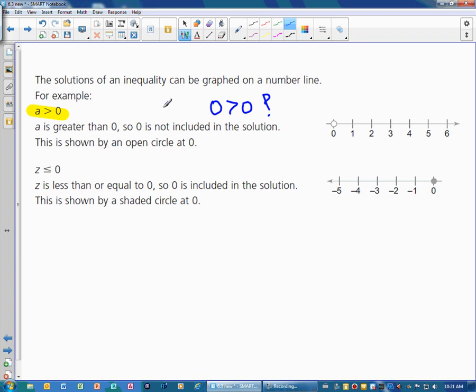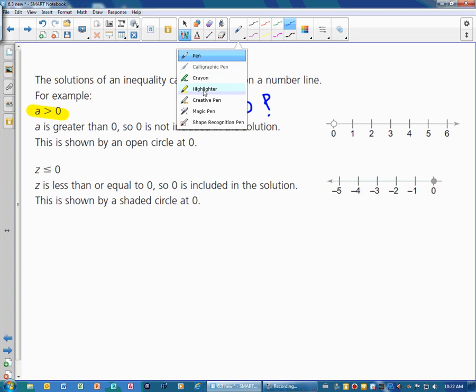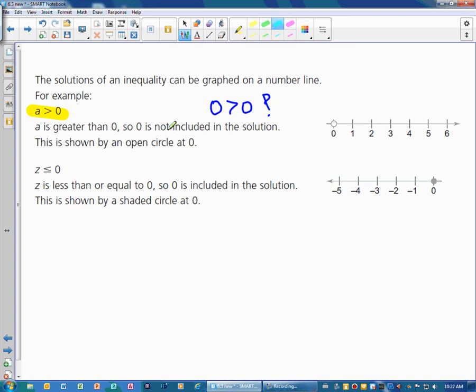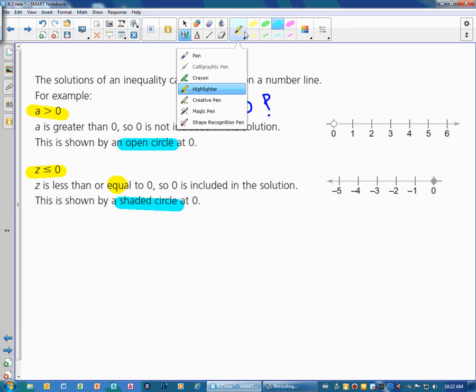So we put an open circle, and that needs to go into your learning journal, please. We need to put an open circle on 0 if the answer is not included in it. And then we've got the second example here. It says z is less than or equal to 0, but because we've got that or equal to, we put a shaded circle, or sometimes we call it a closed circle.